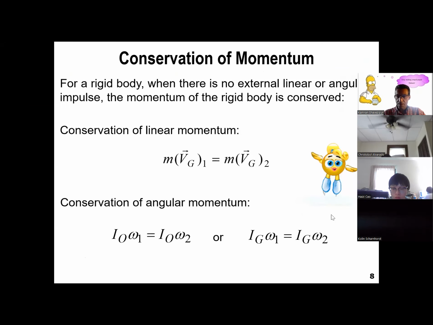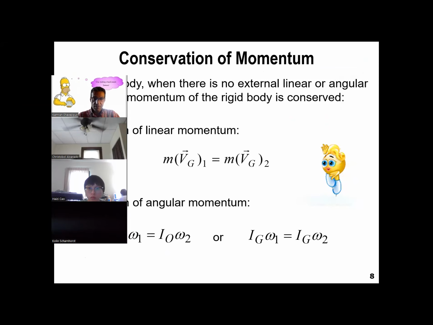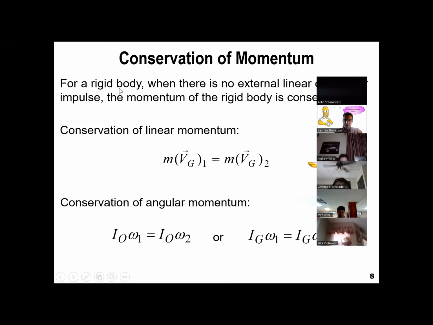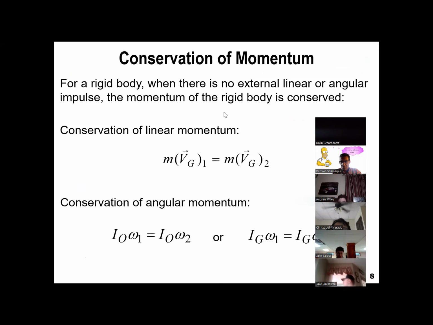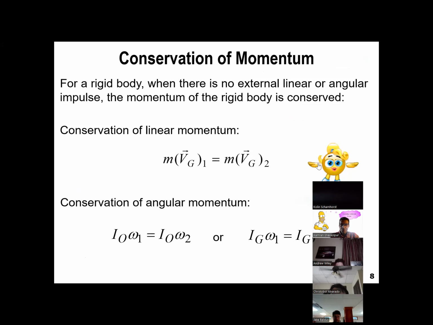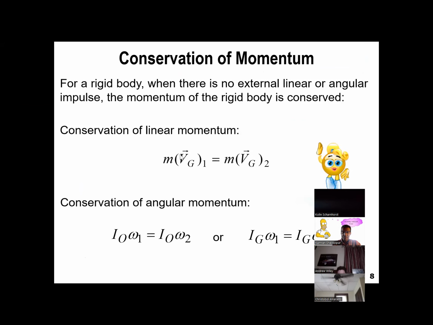So is the concept of angular momentum conservation clear now? Remember, if you have a rigid body, its mass is going to be the same. It's rigid, doesn't lose mass, doesn't gain mass, right? So before and after any interaction, if there's no overall moment, force, or impulse applied, the magnitude of velocity will be the same.